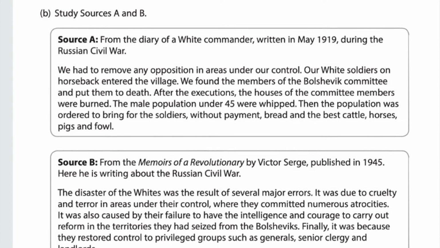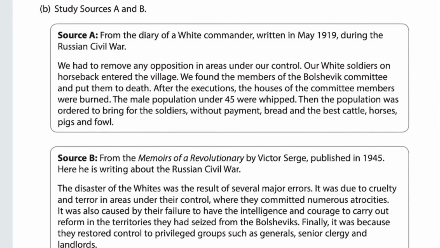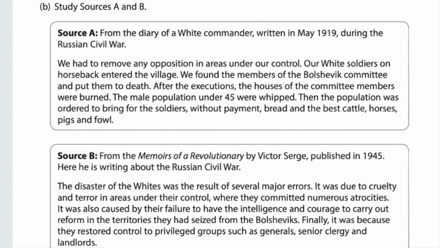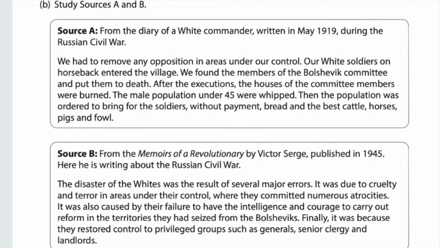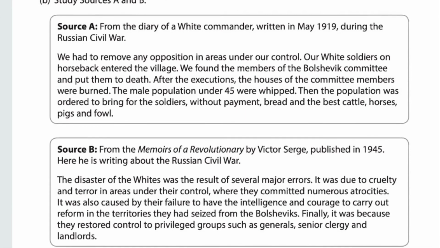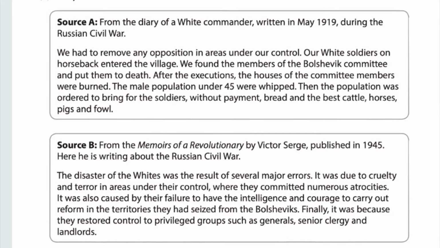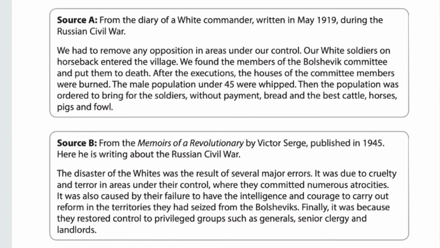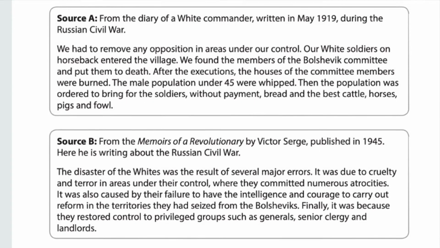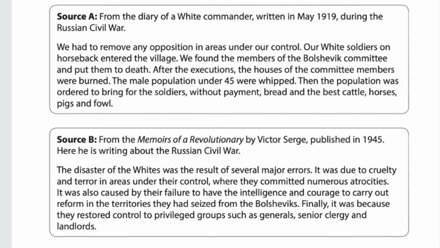And then notice how in source B it says in a memoir by Victor Serge, published in 1945. We will talk about this in the overall at the end of the video, but remember, it's important. They're going to tell you where these sources are coming from. And hopefully, if you've studied this topic, you'll automatically know the significance of what this is about.